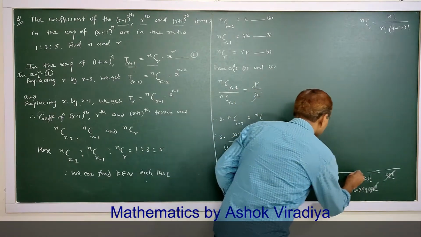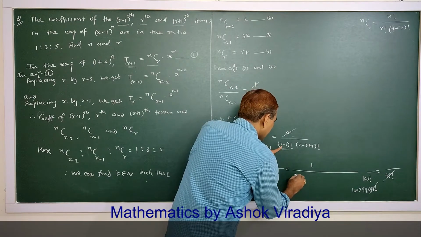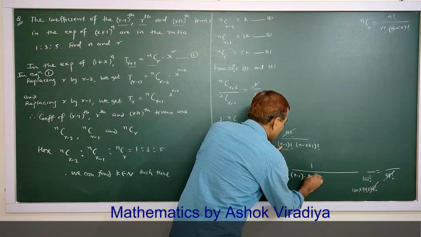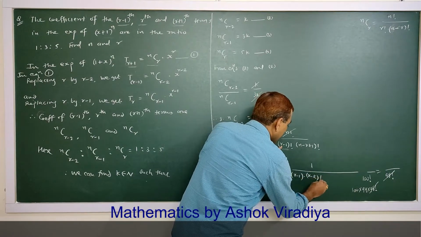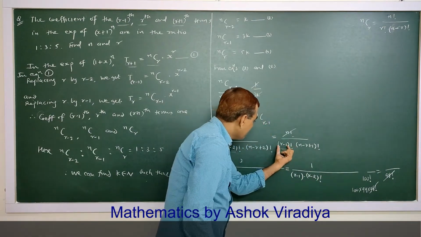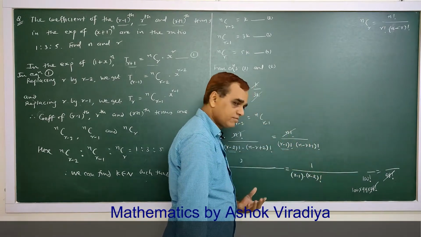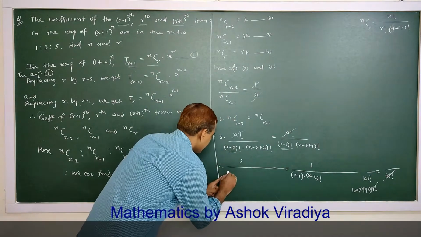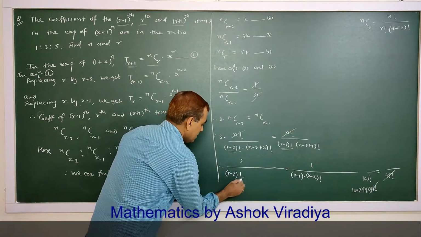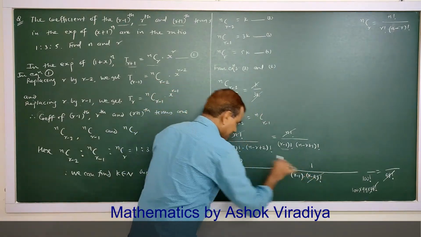So on the right hand side, (r minus 1) factorial I express as (r minus 1) into (r minus 2) factorial. Like if it is 100 factorial, put it as 100 into 99 factorial, because this side we have 99 factorial. So in the next step this can be cancelled.